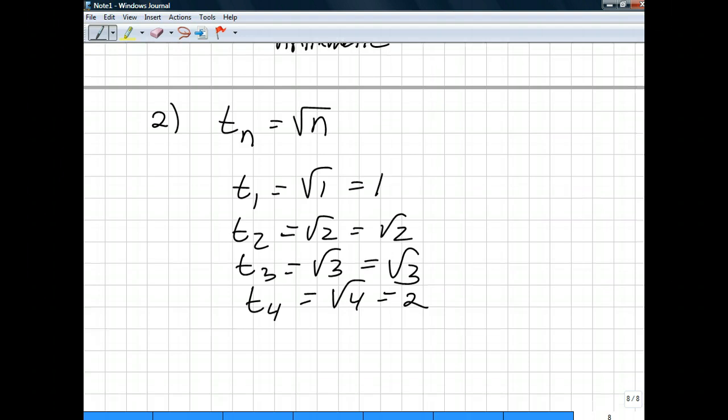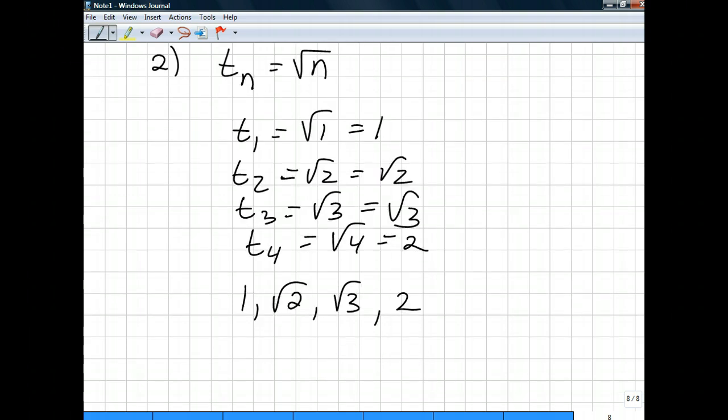Okay, now we look to see, is it geometric, arithmetic, or neither? Here's our sequence in order. You can see that square root 2 minus 1 is not the same thing as square root 3 minus square root 2, which is not the same thing as 2 minus square root 3. So it's definitely not arithmetic.